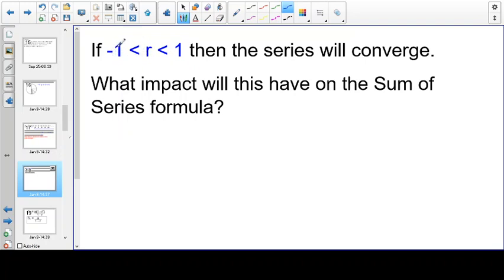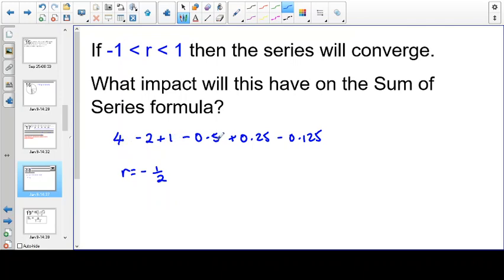It can converge. So it could start off at 4, -2, 1, -0.5, positive 0.25, -0.125. So this is where r is -0.5.